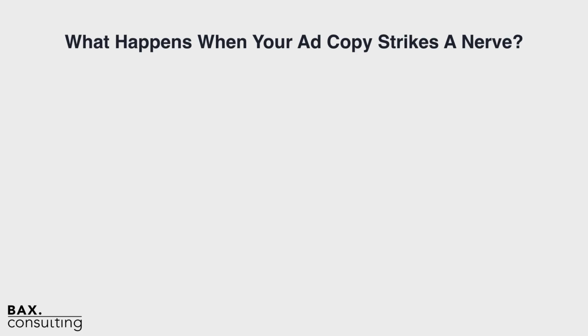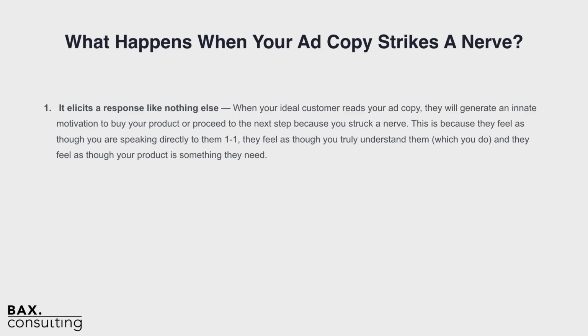And so, on that topic, what actually happens when you write ad copy that strikes a nerve? Because you may be thinking, oh, that's all well and good, but why do we really need to do this? What actually happens? Well, first things first, it elicits a response like nothing else. Truly, it elicits a response like nothing else. When your ideal customer reads your ad copy, they will generate an innate motivation to buy your product, or at least proceed to the next step, because you struck a nerve.